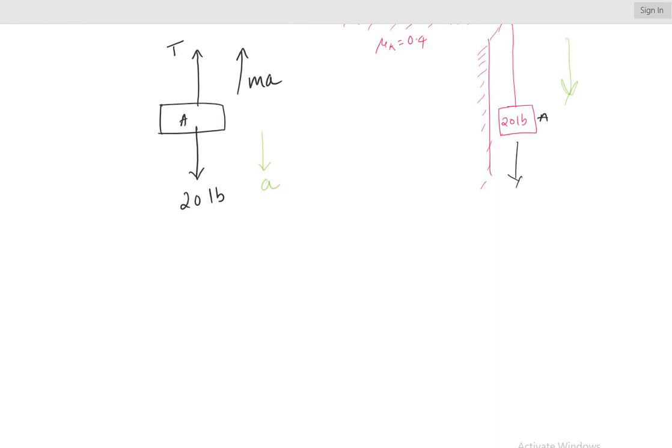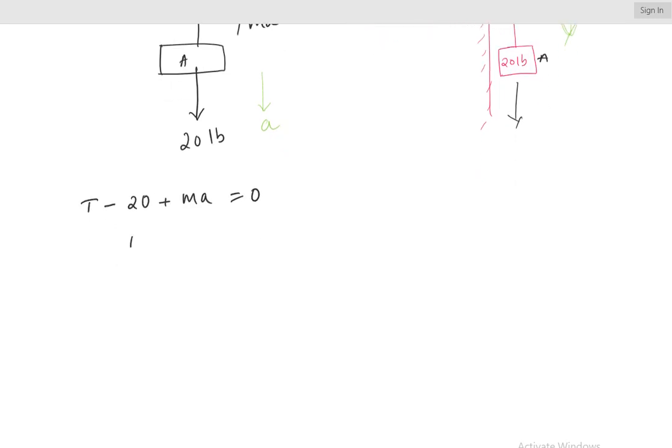Now let's do the sum of the forces. There's nothing in the horizontal direction, so everything is vertical. I'm going to consider up as positive, down as negative. So T minus 20 plus MA is equal to 0. So T equals 20 minus MA. We need to find the mass, which is the weight divided by acceleration, 32.2.